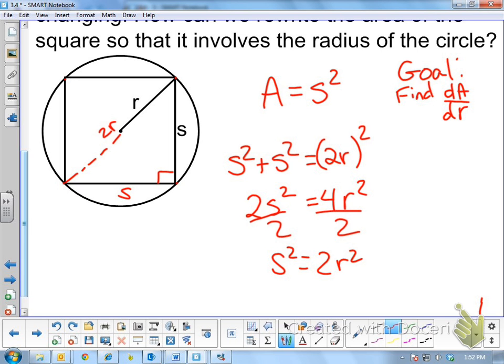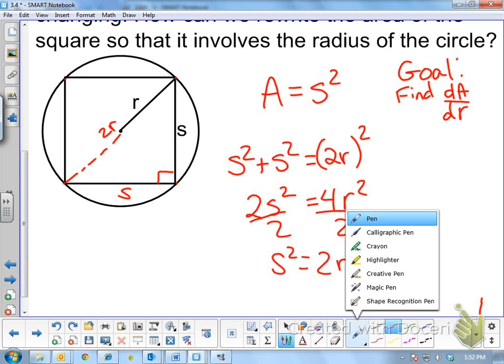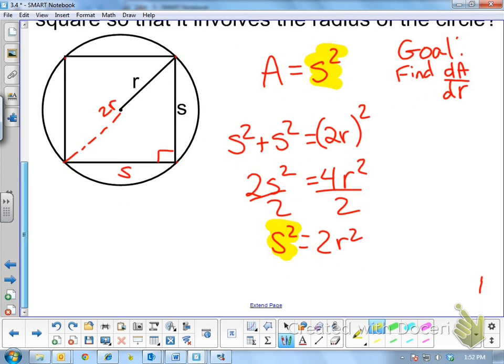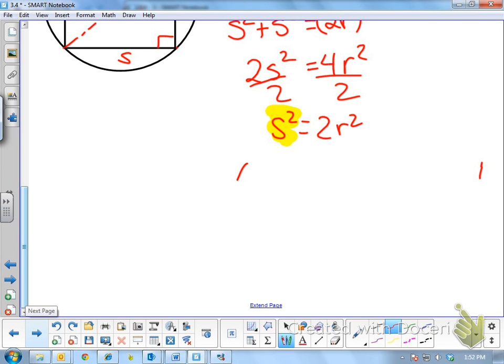Usually you get just s equals something, or x equals something, or y equals something. But if this and this are exactly the same, let me highlight what I mean by this and this. If this and this are exactly the same, I can replace the entire thing with 2r squared. So now I know the area is 2r squared.